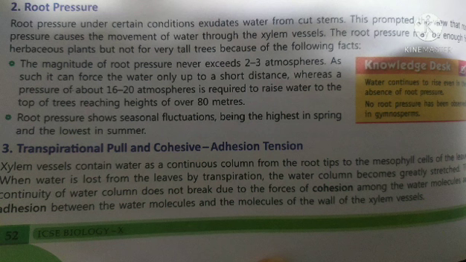A large amount of water, approximately 99%, is lost by plants through transpiration process. Therefore, to avoid the loss of water the plants are continuously absorbing water from the soil, and therefore the transpiration builds up a suction force that is known as transpiration pull in the xylem vessels, which is pulling the water up to the top of a tree.